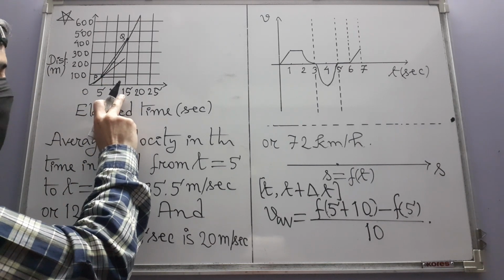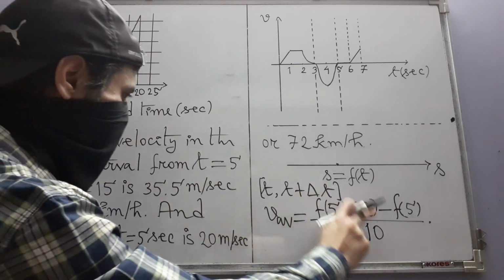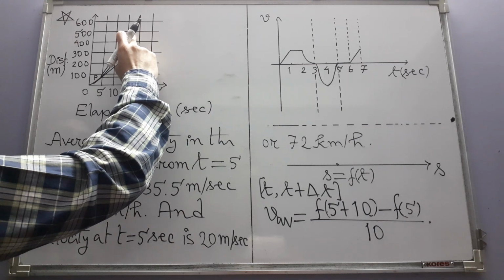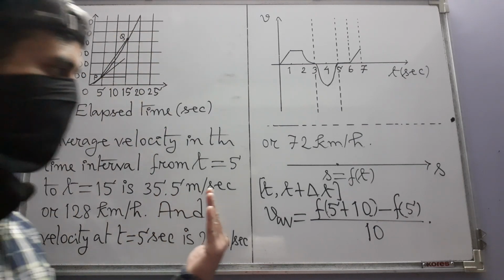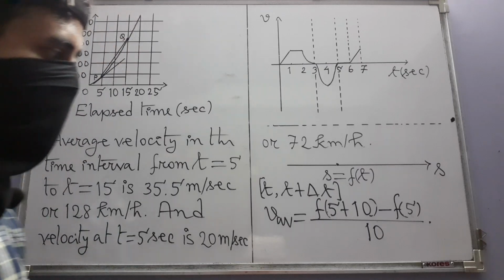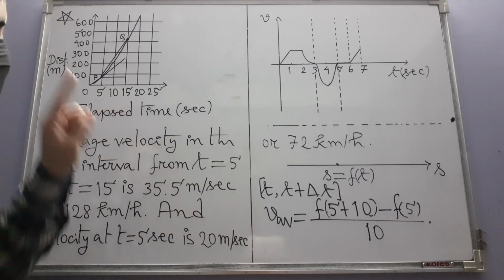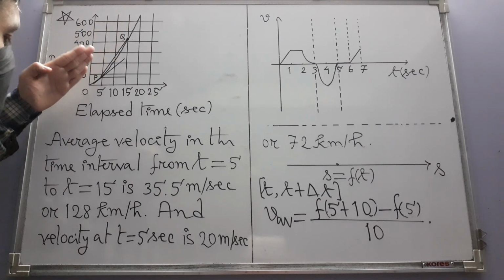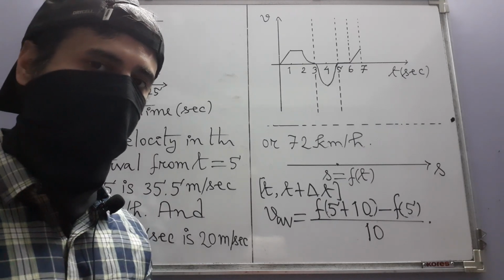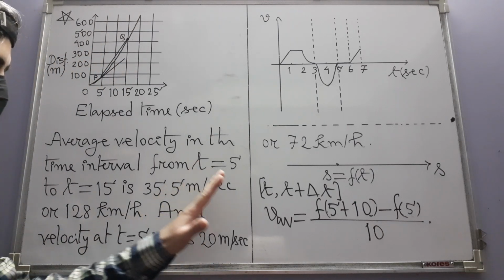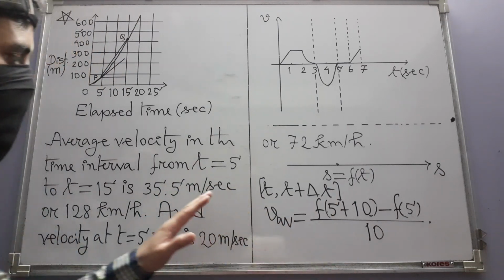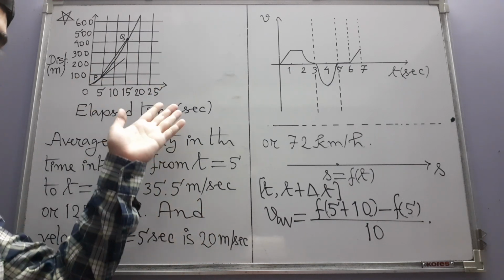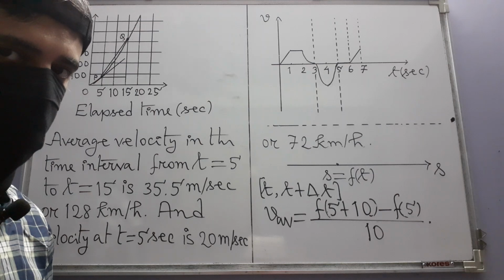And when t is 15, that means when t is 5 plus 10, f of 5 plus 10 or f of 15 is the y coordinate of Q. So the difference between these y coordinates divided by the difference between the x coordinates, which is 10, is the slope of this secant line PQ. So the average velocity, which of course is this quantity numerically, is also related to the geometry of this graph as the slope of this secant line PQ.